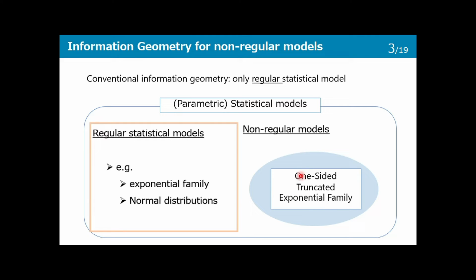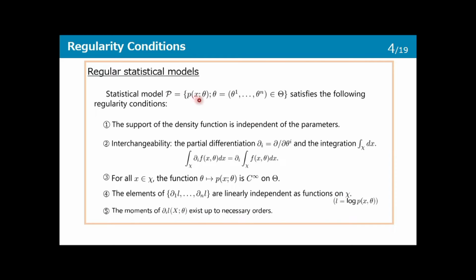Before the explanation of this model, let us review the regularity conditions and regular statistical models. Consider a statistical model P with coordinates theta. Now, this small p denotes a density function.